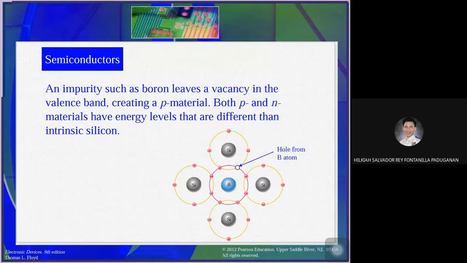P-type material is less negative than the intrinsic or even the n-type material because of the presence of holes. Because of the lack of electrons, it's much more positive compared to the intrinsic. Do you get it? Is it understandable or is something confusing you?